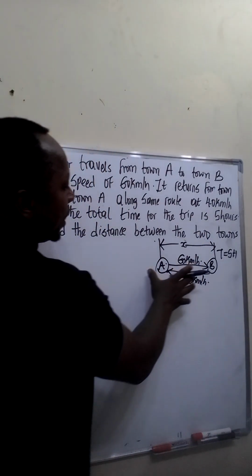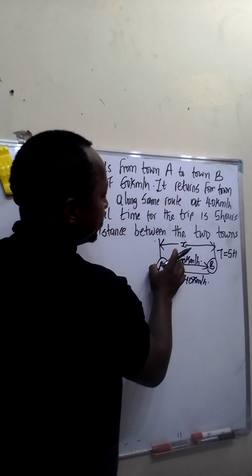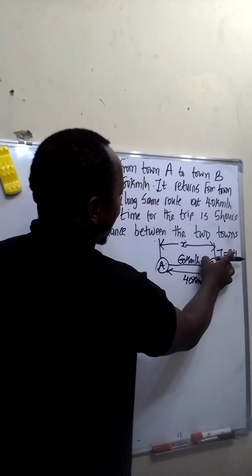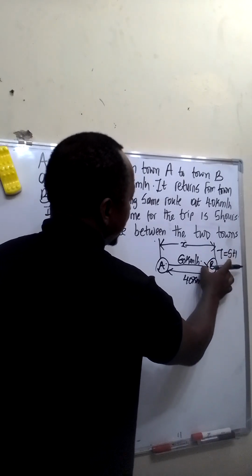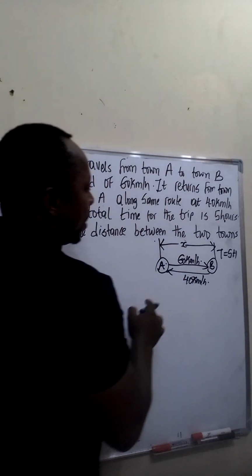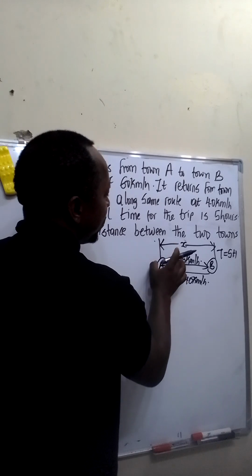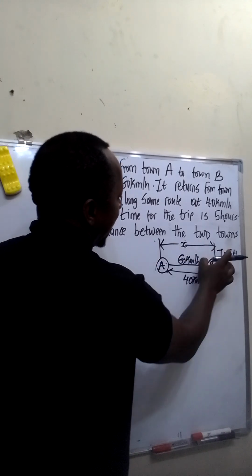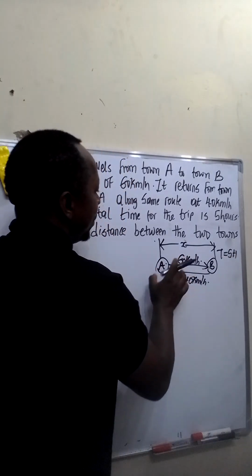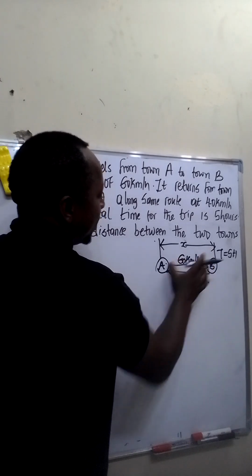Now, looking at our diagram, the distance between A and B is the same as the distance between B and A, and the distance is x. Also, the time it will take for the car to move from town A to town B and from town B to town A will not be the same because the speed is not the same.